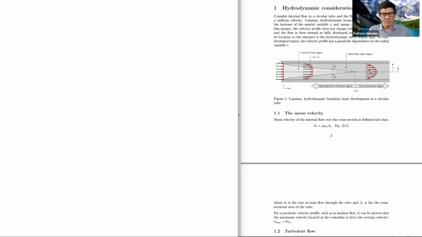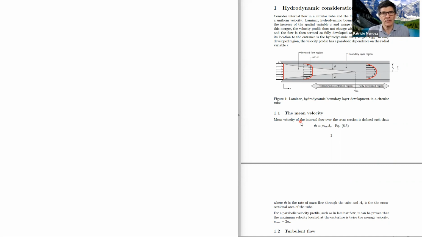In addition, depending on the nature of the flow, the boundary layers can have different behavior, and that is going to affect our entry regions too. If we have a laminar flow, we're going to have one expression for the length of the entry region, and a different expression for the case of turbulent flows.